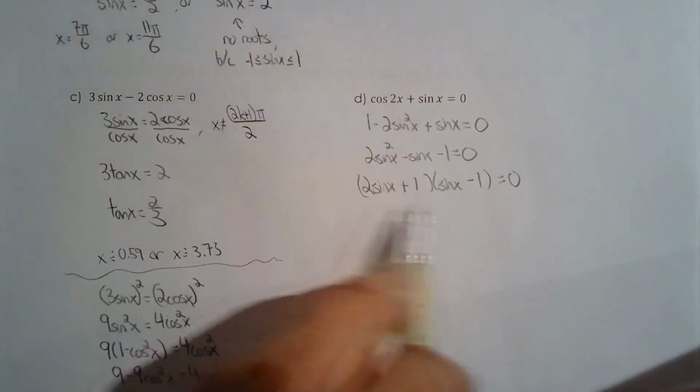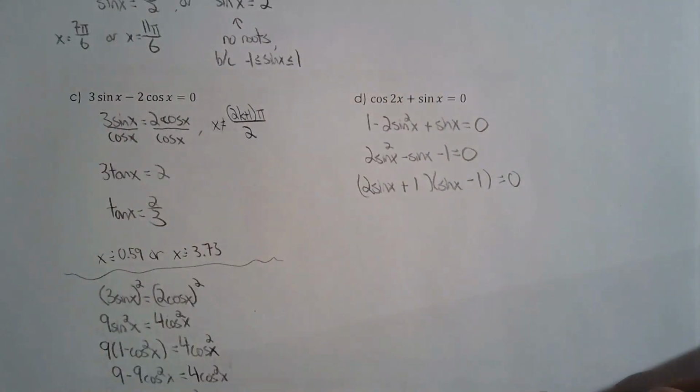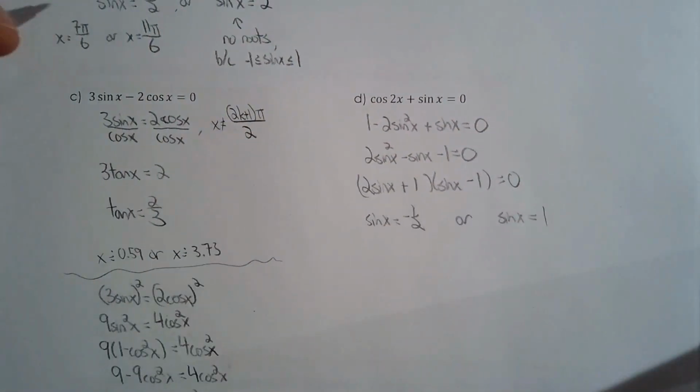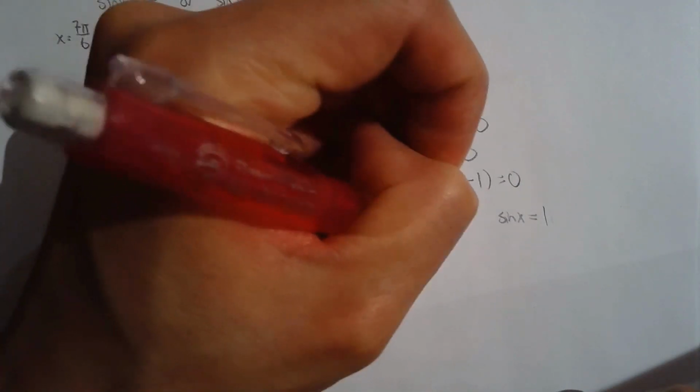So I want -1, so -2 plus 1, -1. Oops, that's +1. Okay, beautiful. I love these ratios. No need for calculators. -1/2, so we're looking at 7 pi over 6 or 11 pi over 6.